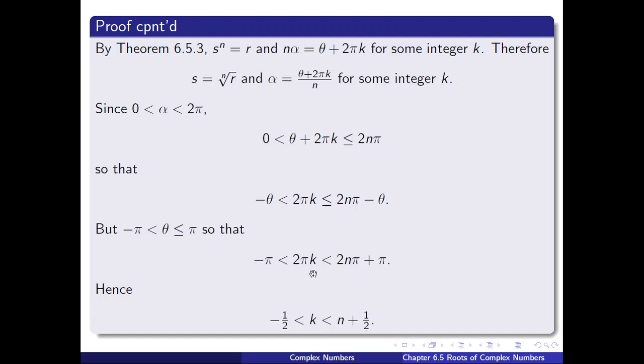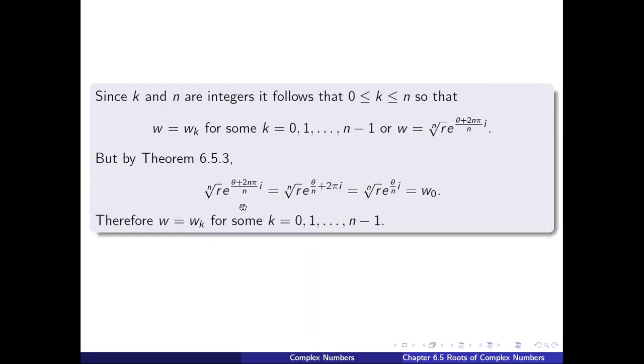If we divide by 2 pi, we get that. Since k and n are integers, it follows that k lies between 0 and n. And what does that mean? That means w is equal to w_k for some k between 0 and n minus 1.